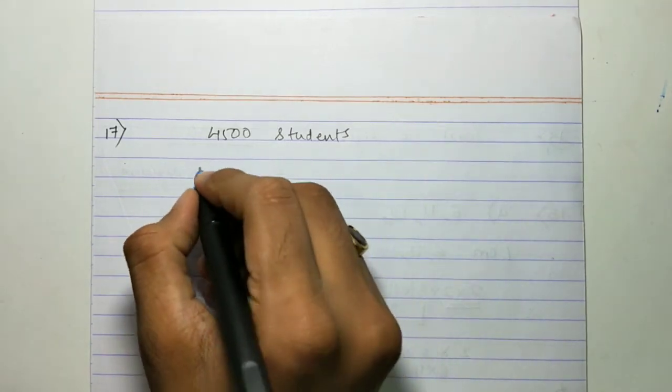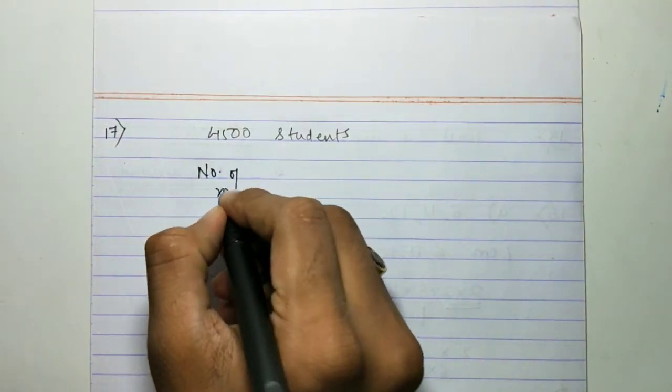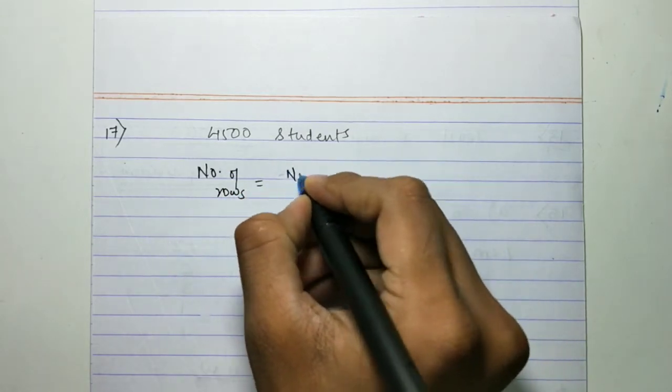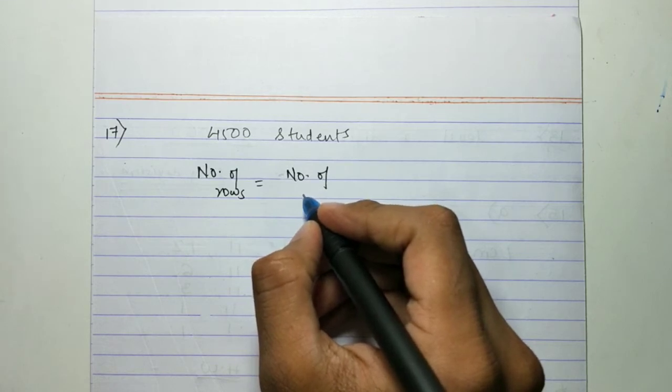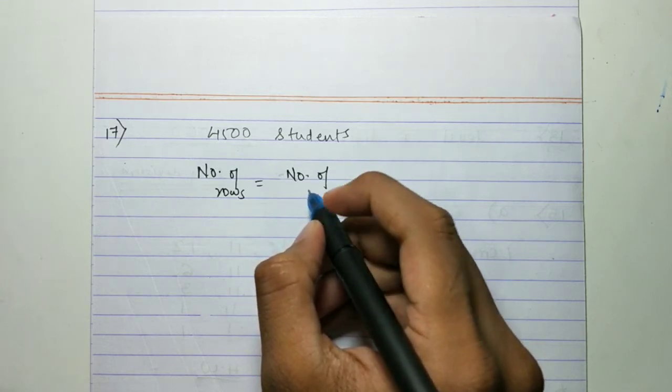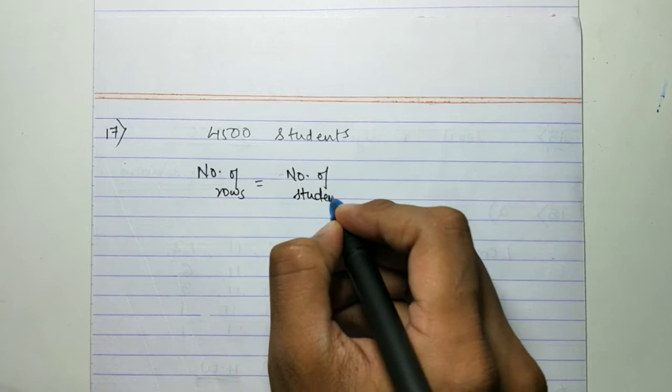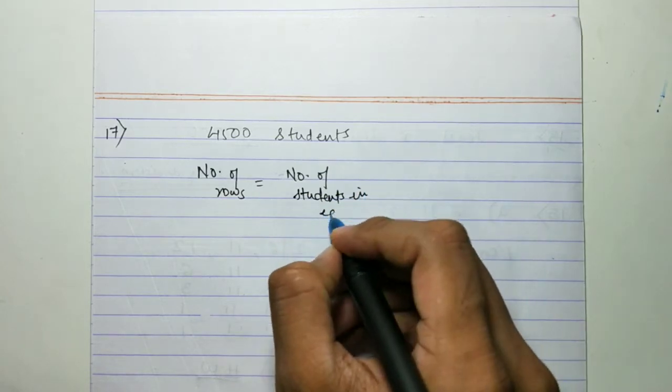So they are saying that number of rows is equal to number of students in each row.